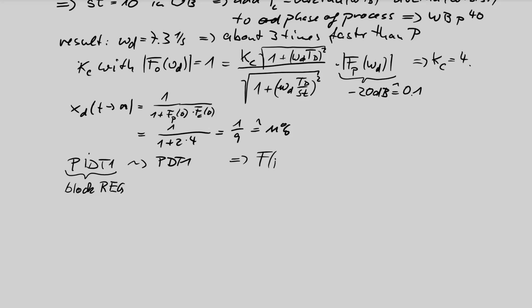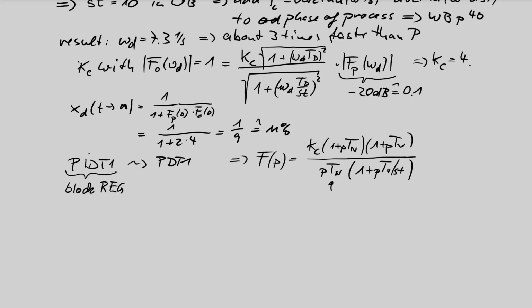Note that the transfer function of a PDT1 is Kc times (1 plus p·TV) divided by (1 plus p·TN), and this is 1 plus p·TV over step depth. That is the Bode form of the PDT1. And the question is, how can I remove this? The idea is to make TN very large.